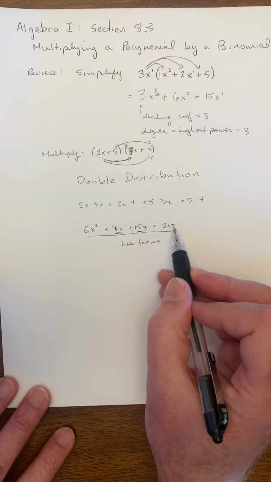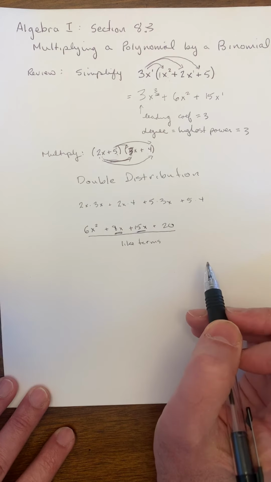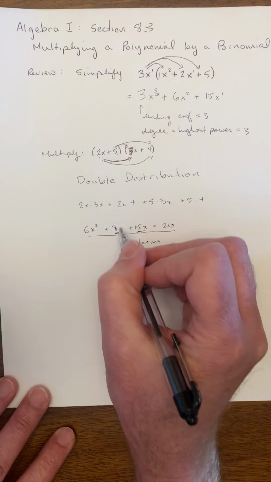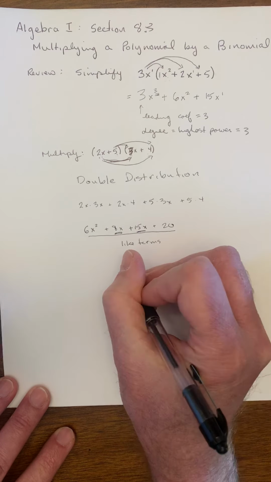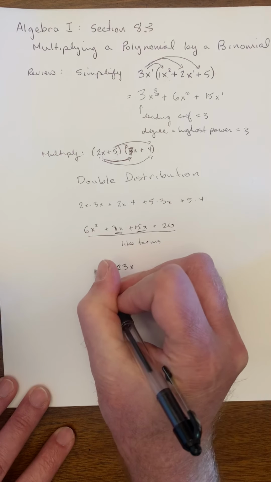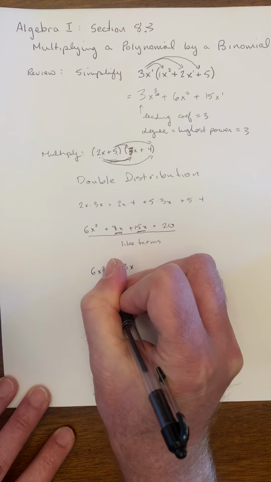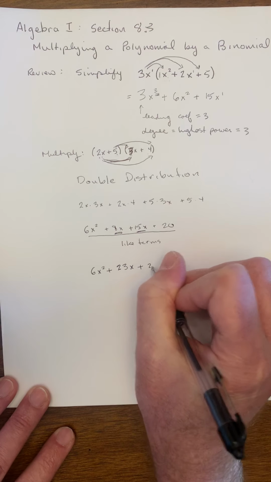And we can't combine this with anything because there are no other terms that don't have an x. But we can combine these two. 8 plus 15 is 23 x's. So our final answer looks like this: 6x squared plus 23x plus 20.